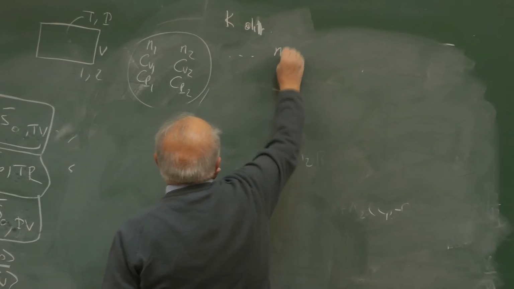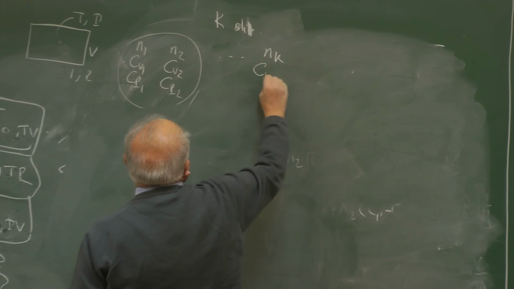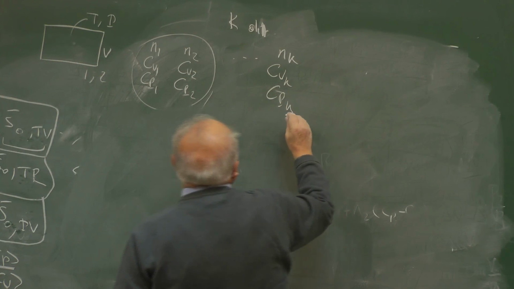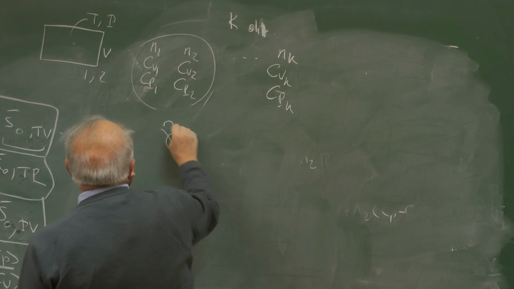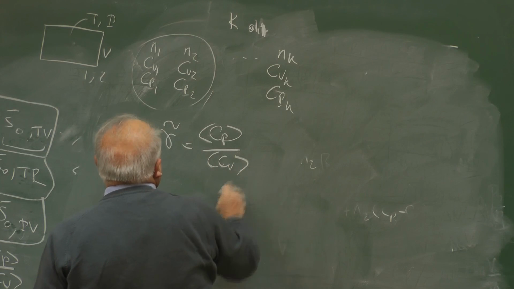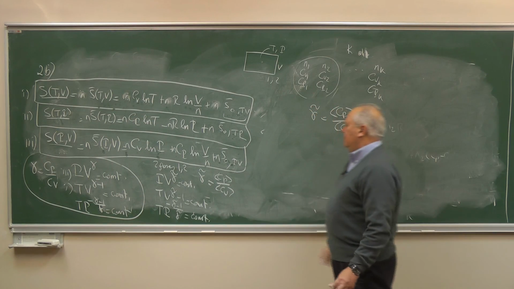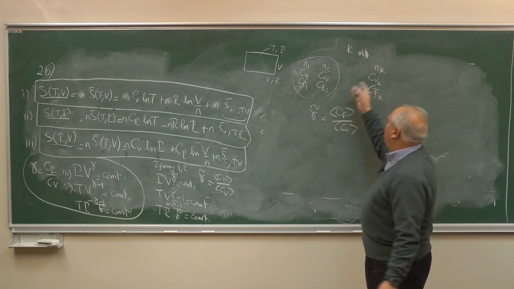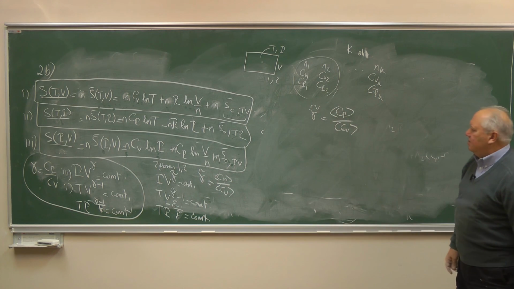So Nk, Cvk, Cpk, and again we will define gamma tilde as Cp average over Cv average. So all these formulas are the same. So it's not really specific to two different gases. To k non-interacting different gases we can generalize.